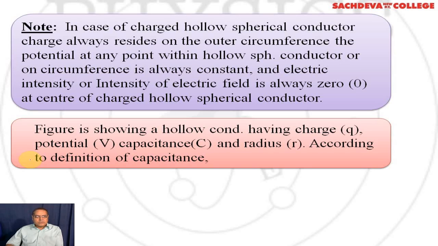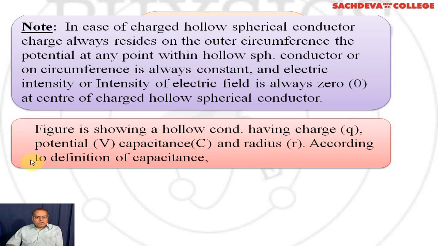Constant does not mean zero, it is constant. And electric intensity or intensity of electric field is always zero at the center of the charged hollow spherical conductor. The figure is showing a hollow conductor having charge Q, potential V, capacitance C, radius R.